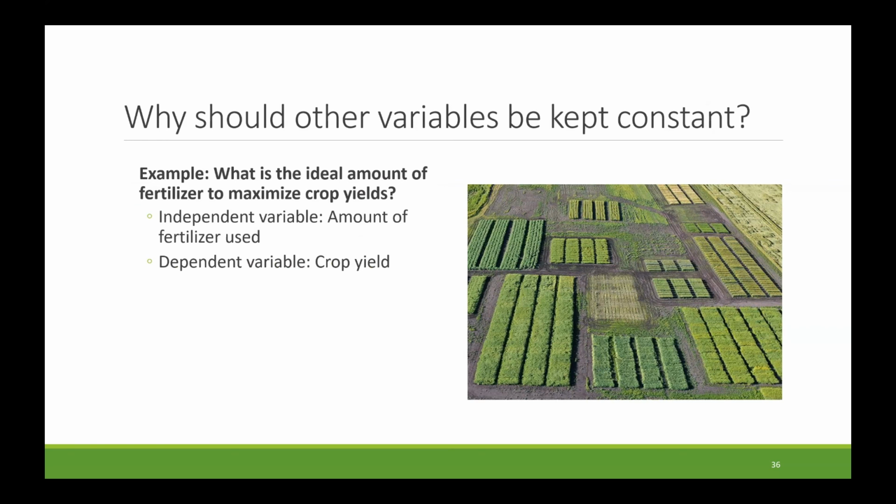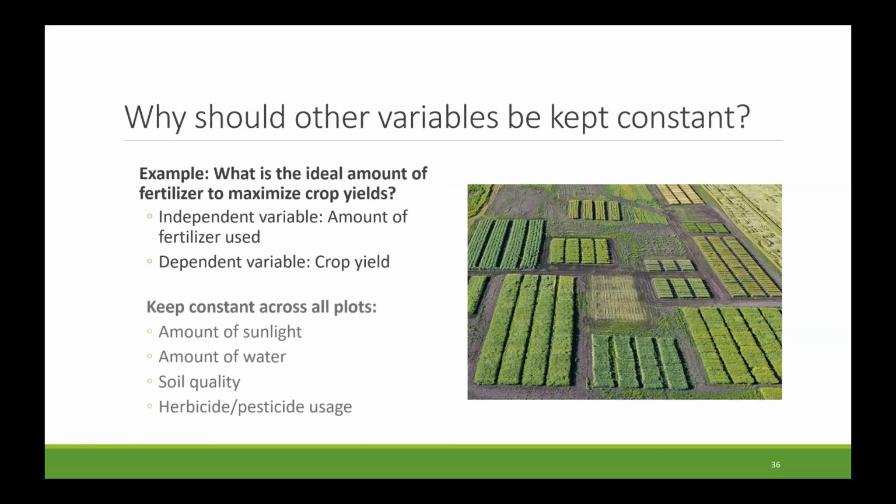So in an experiment like this, you would want to keep all of the other factors constant across the different test plots, including the amount of sunlight that they are getting, the amount of water that they're getting, the quality of the soil found beneath them, which and how many herbicides and pesticides are used, and everything else about the treatment of the plots.